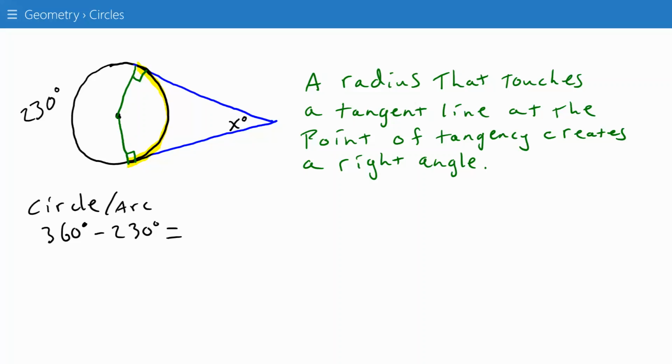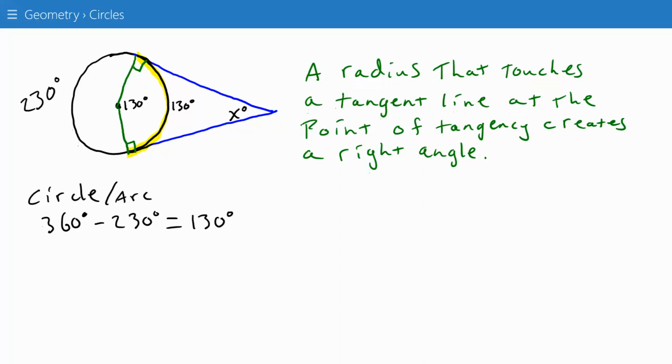That should leave us with 130 degrees. So I'm going to write that in there. Our arc is 130 degrees. Now we already know arcs have the same measure as the central angle that intercepts them. So I have 130 degrees right there.